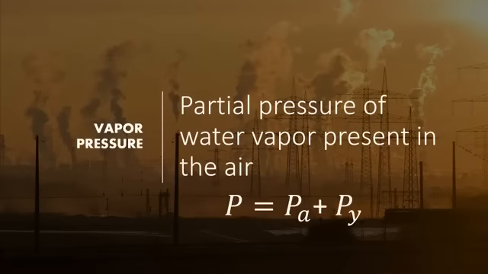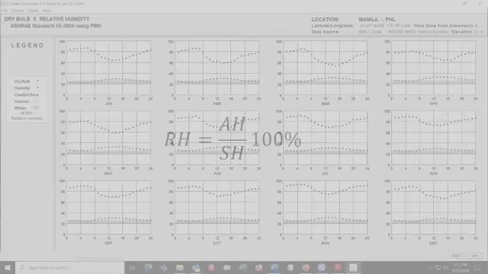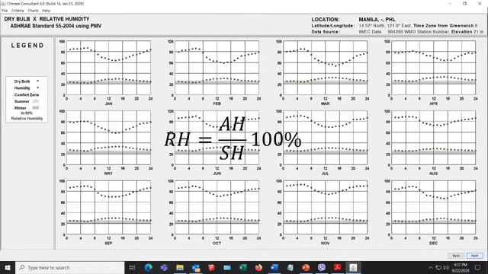Okay. So vapor pressure now becomes where the atmospheric pressure, P, is the sum of the partial pressure of the dry air and the partial pressure of the water vapor. It can be measured by barometers and other equipment. Okay, so these are examples of the dry bulb, relative humidity, and the vapor pressure.